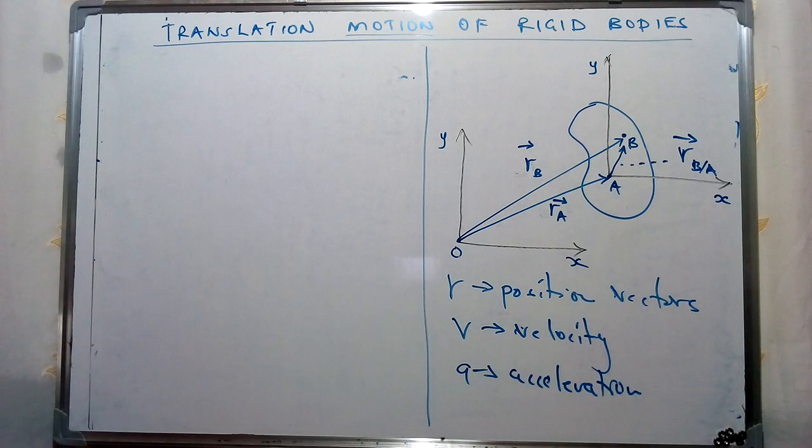Now, using the concept of vectors, we are going to get the position of A and B relative to one another.